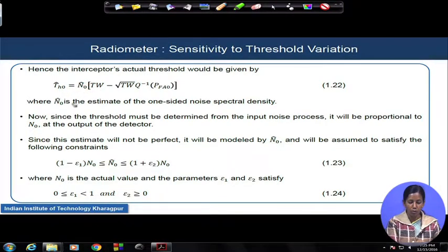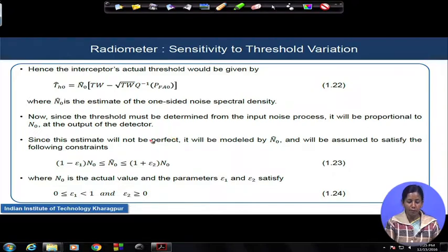N0 will also be an estimate, where N0 is the estimate of the one-sided noise power spectral density. Since the threshold must be determined from the input noise process, it will be proportional to N0 also at the output of the detector. The estimate can be close to perfection, but it will never be exactly TH0.